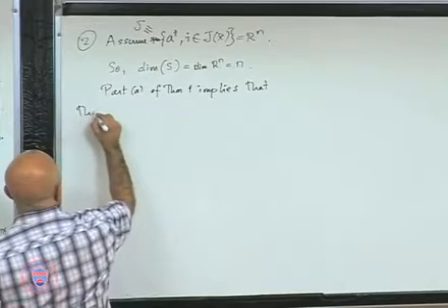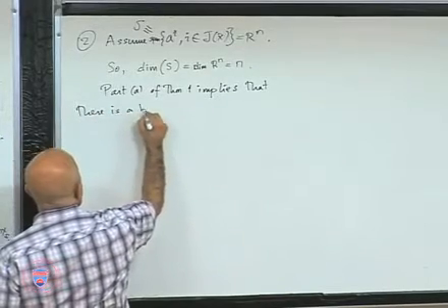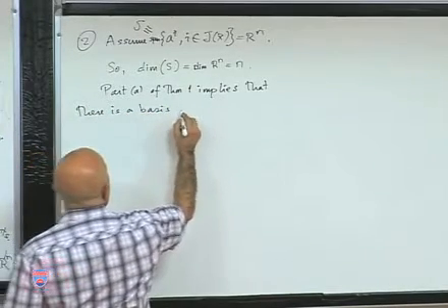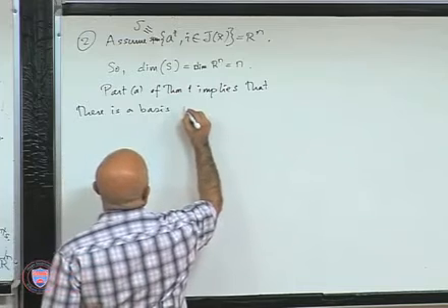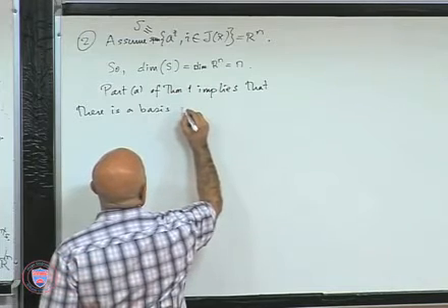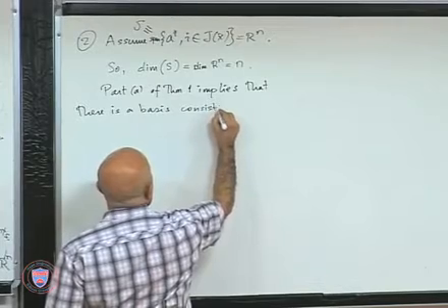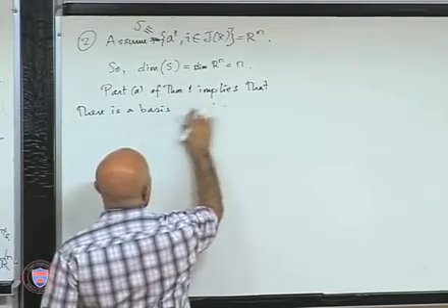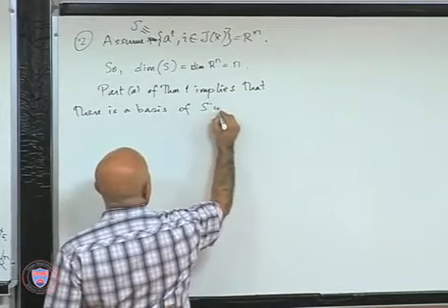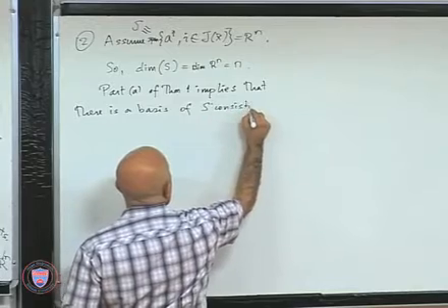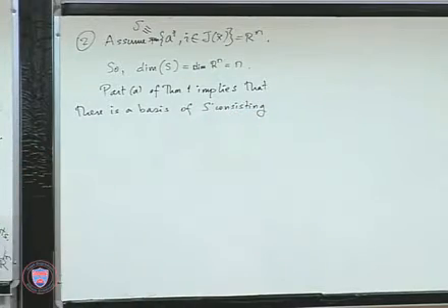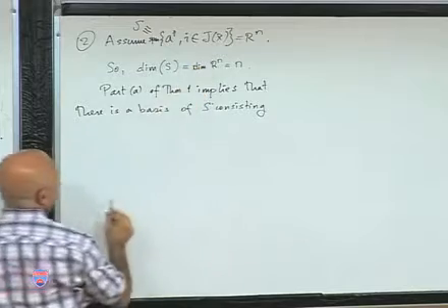It implies that there's a basis of S consisting of some n linearly independent AI chosen from here.